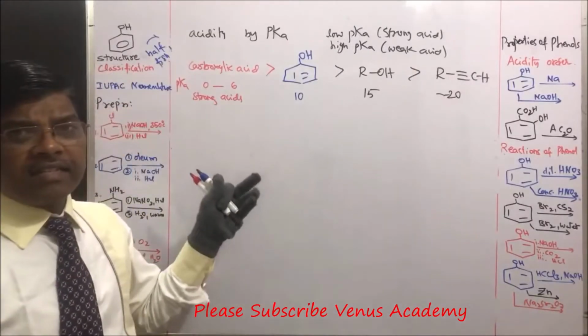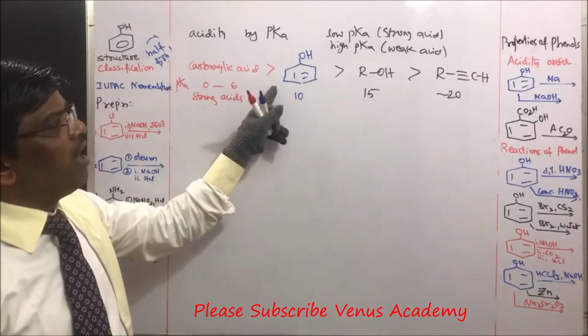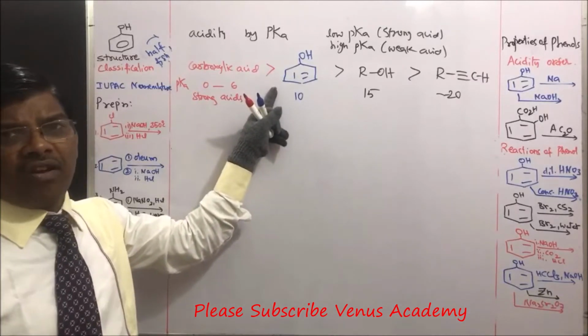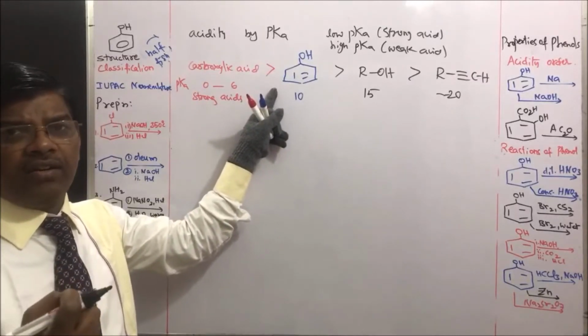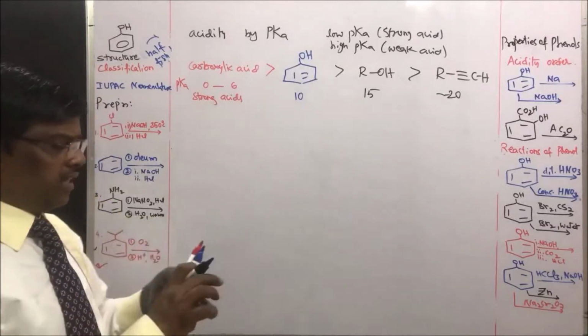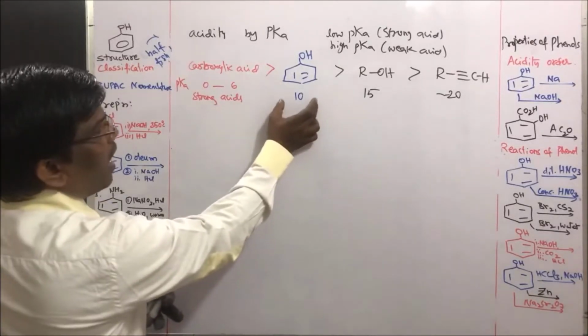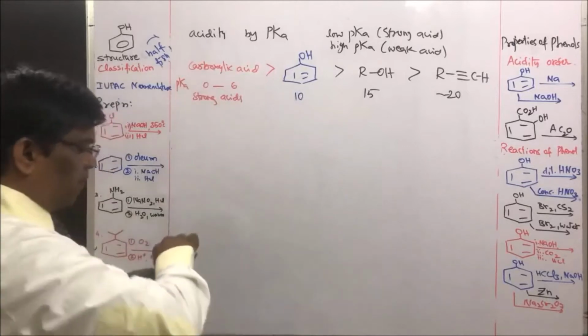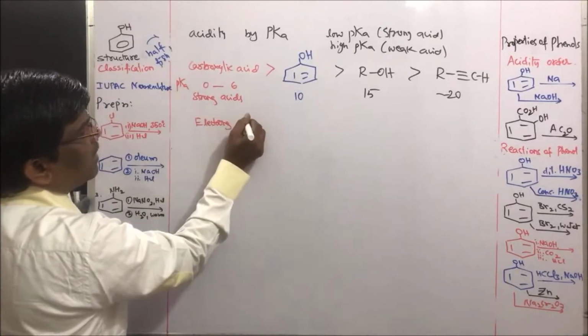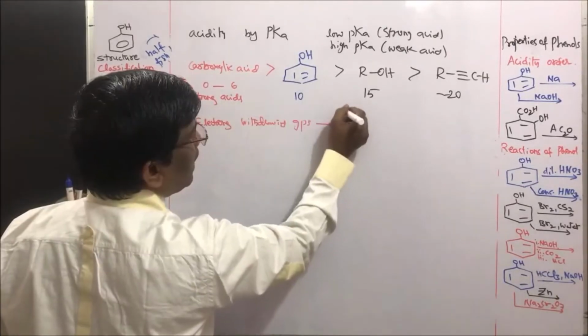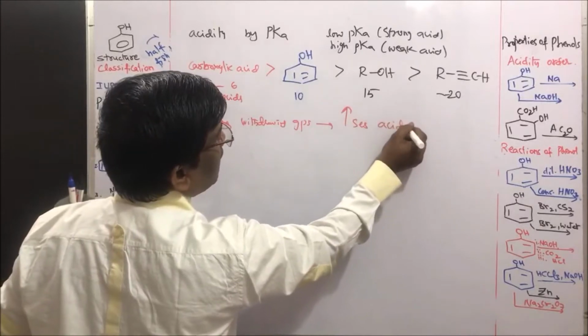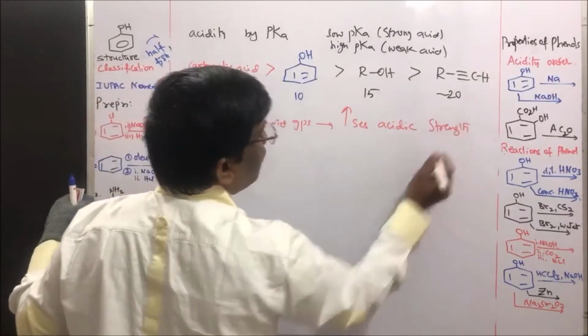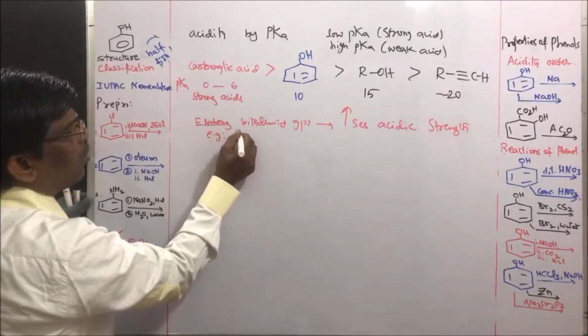Then, what is the substituent effect? If phenol is substituted with an electron withdrawing group or electron donating group, what is the effect? Yes, students, it is going to have a substituent effect. That means an electron withdrawing group increases acidity or acidic strength. For example, the nitro group.